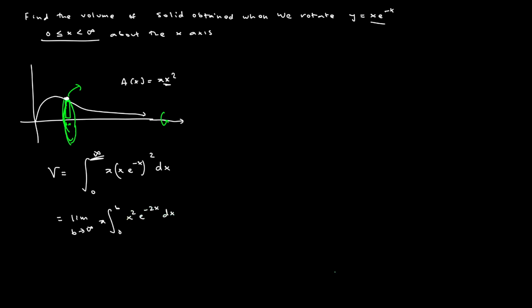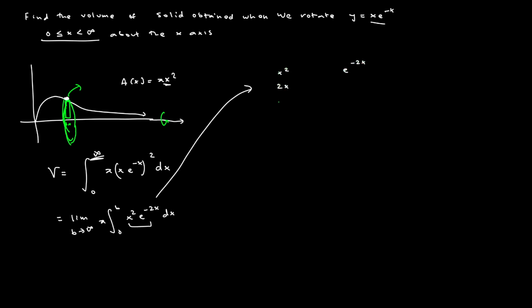Notice that to find the closed form evaluation of this integral, you'll have to be using integration by parts, but we can save our work by noticing we can use the tabular method to do this. And so our u will be set to x squared, and then our dv will be set to e to the minus 2x. And so let's continually differentiate.